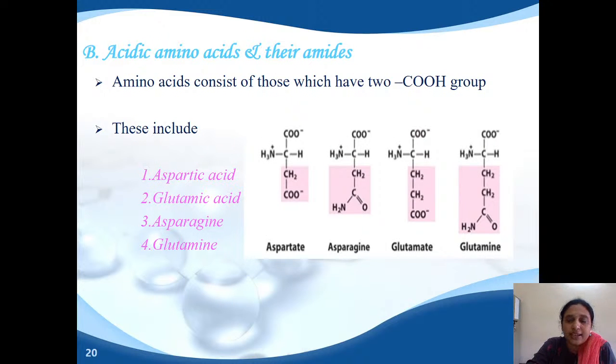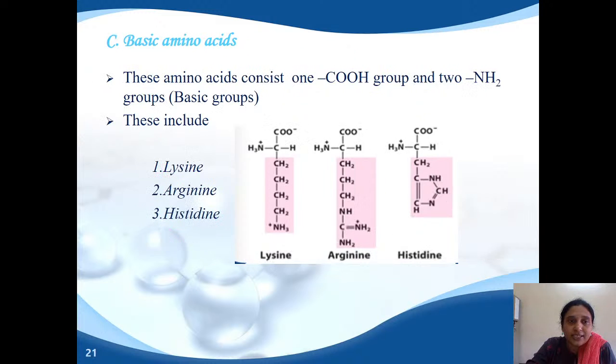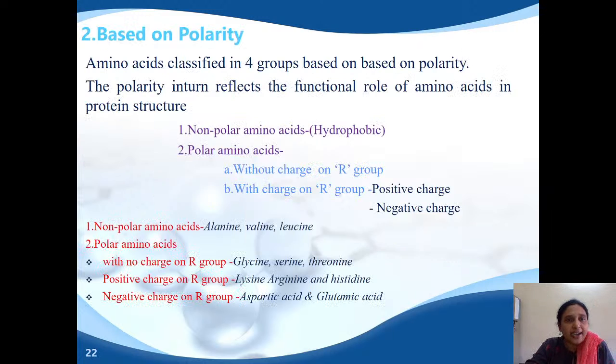Already we have discussed this. Acidic amino acids contain an additional carboxyl group in the side chain: aspartic acid and glutamic acid. Basic amino acids contain additional amino groups in their side chain. Examples of basic amino acids are lysine, arginine and histidine.